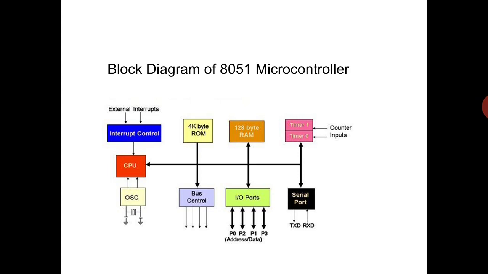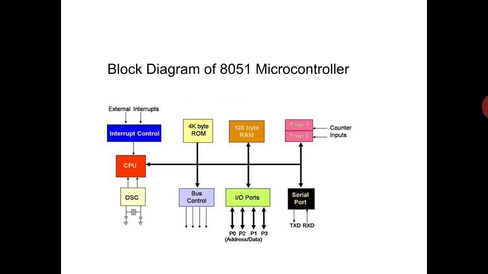It points to the address of the instruction which is to be executed next. There is a provision for memory expansion in 8051, and an external ROM can be interfaced if more program space is required. Means as per our requirement we can extend the memory of 8051.